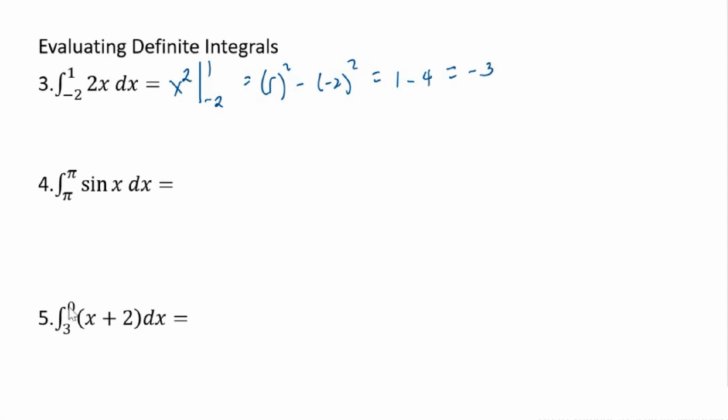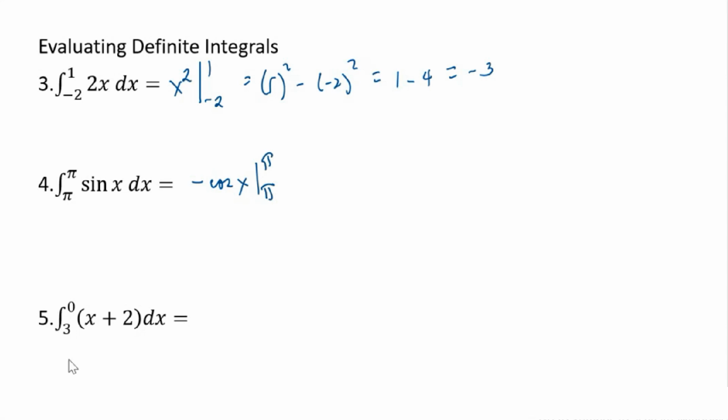Now for number 4, we have the integral of sine x dx. We know that the integral of sine x dx is equal to negative cosine x, evaluated from pi to pi.